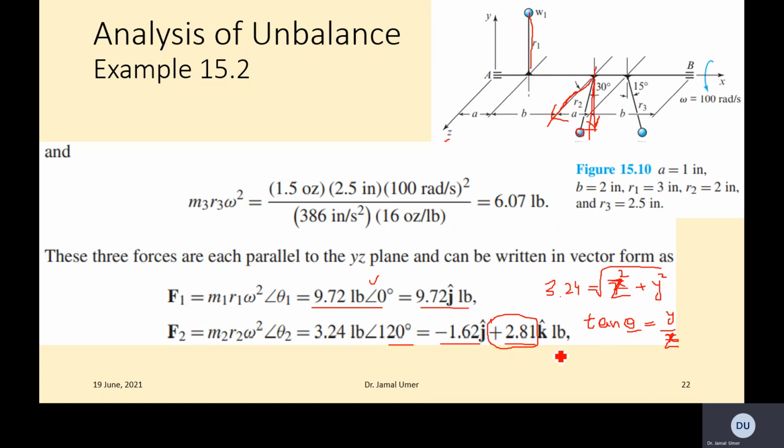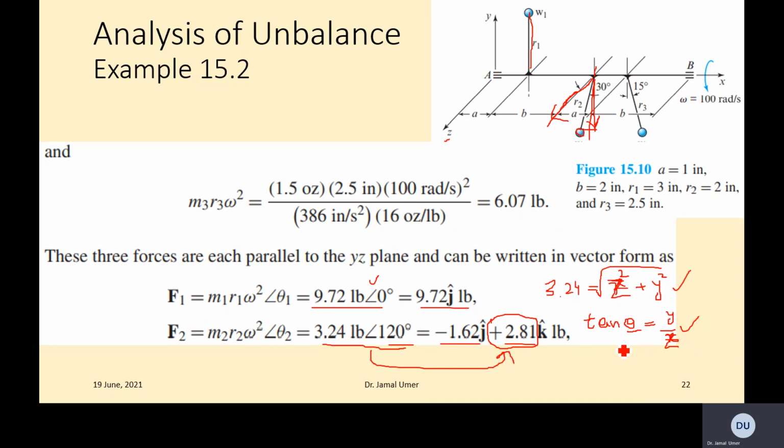Again, when you're converting this information using these two equations, the Pythagoras theorem for z squared plus y squared, and tan theta equal to y over z, you might get a slightly different value.